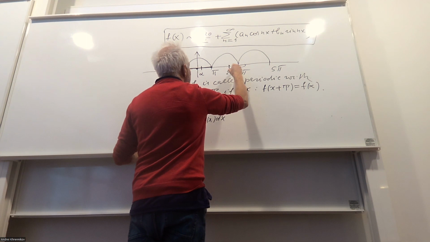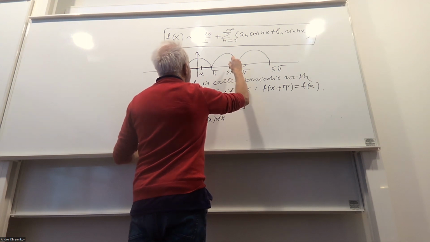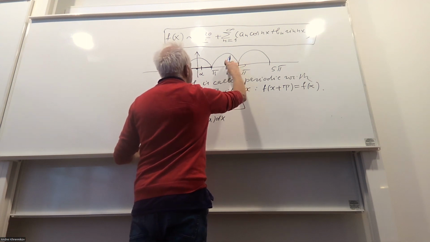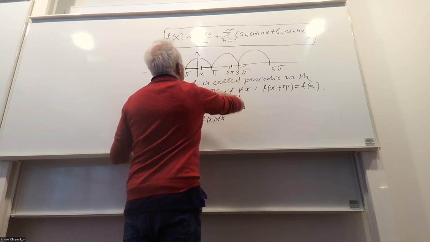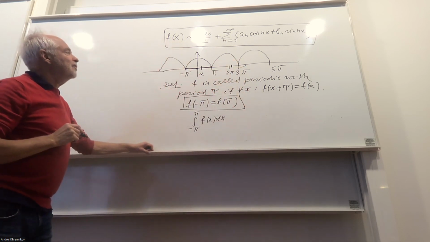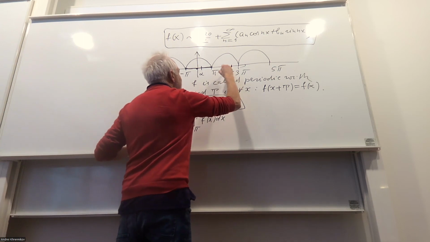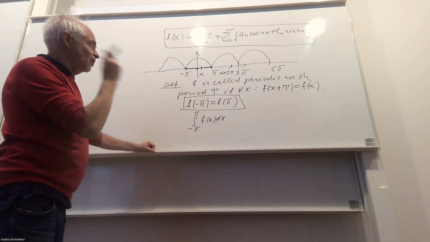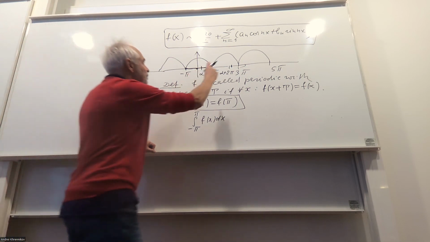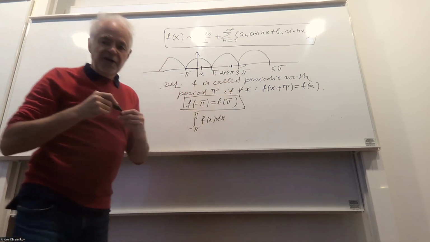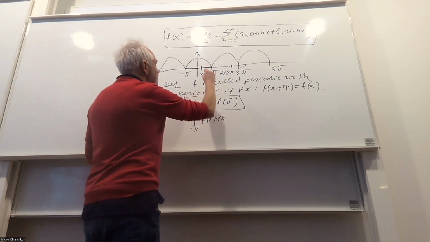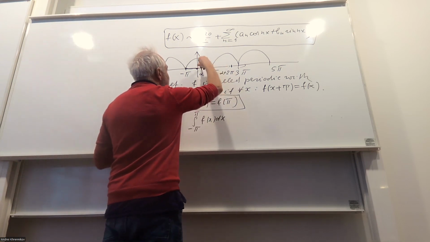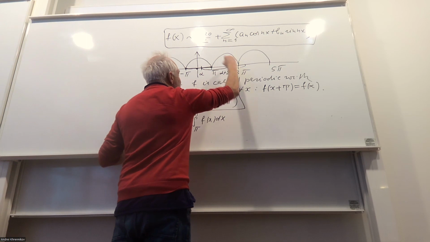It is somewhere here, maybe. There is a distance of 2 pi between them. Then it is clear from the picture, but you can also check by change of variables, that this integral is the same as the integral from alpha to alpha plus 2 pi.